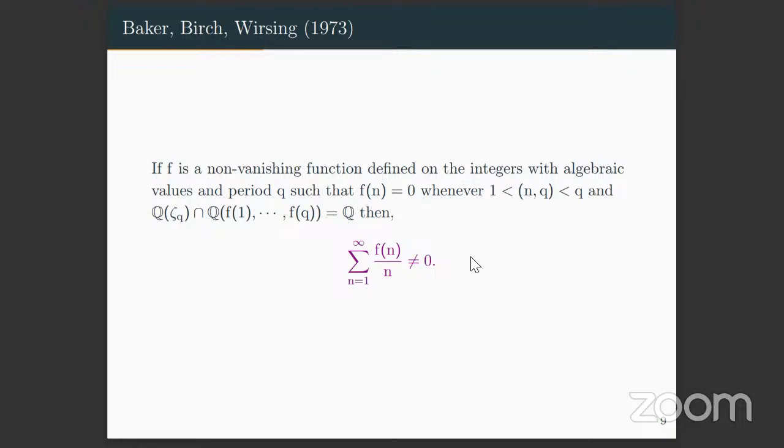I think because the special values of Dirichlet functions are basically roots of unity, right? If it is periodic of period Q, then they are Qth roots of unity, actually primitive roots of unity.